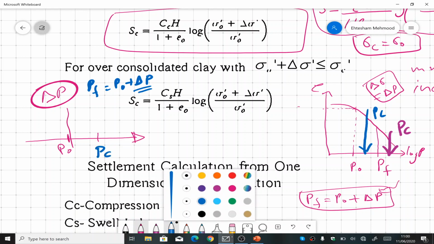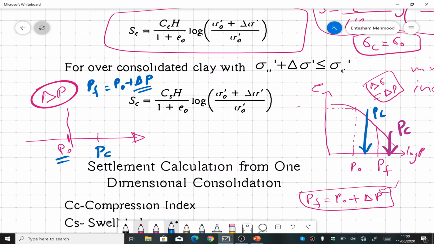This is pre-consolidation pressure. We did a lab test on the sample. We know P naught from this ground situation, and we know PC, and we have calculated from our calculation work that this much delta P is going to come on the building. Now we are going to check whether this delta P is greater than PC or less than PC.